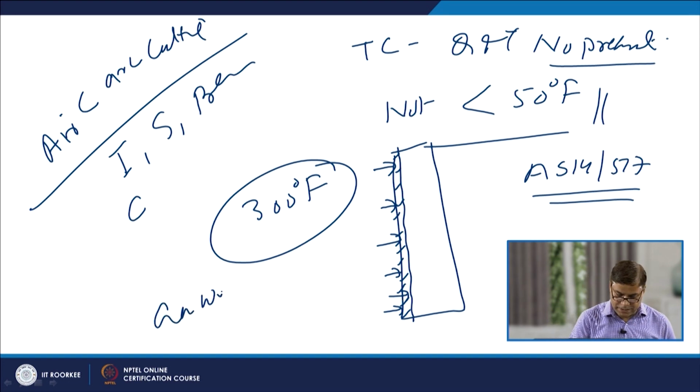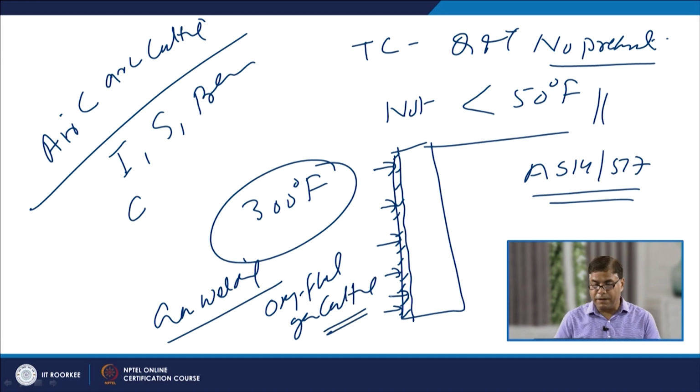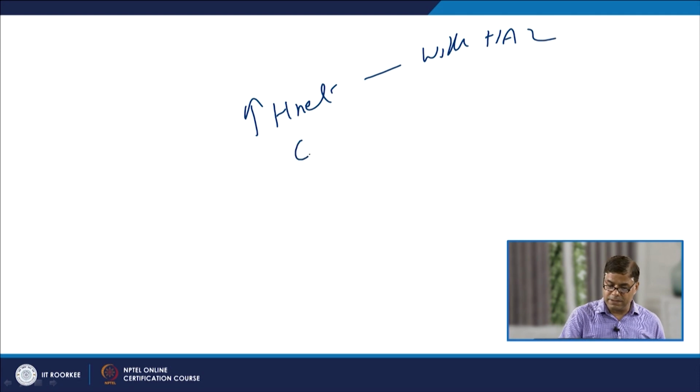As far as gas cutting is concerned, normally the oxy-fuel gas cutting method is not applied to QNT steels, because the gas cutting process supplies a lot of heat input. Heat input for the cutting purpose is very high, and that is why it results in a very wide heat affected zone, and due to the high heat input, the cooling rate experienced by the cut is also very low.